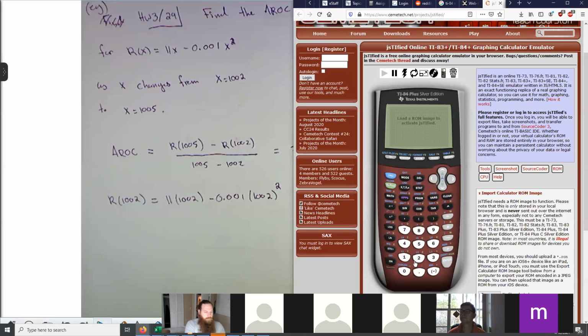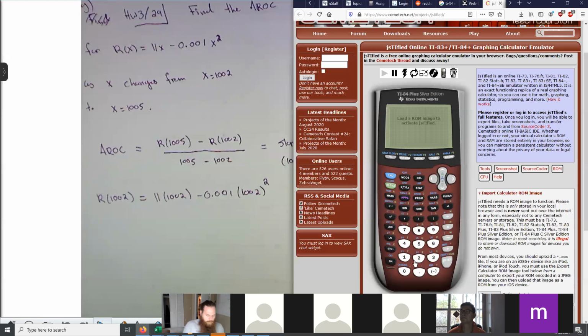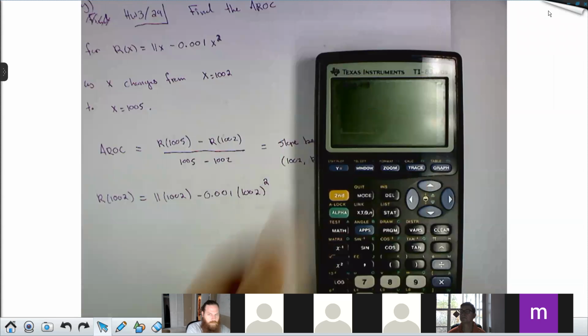Sorry about this. So here's how we're going to do this calculation. I'll get an emulator working here soon.